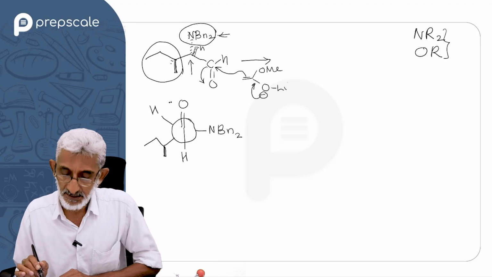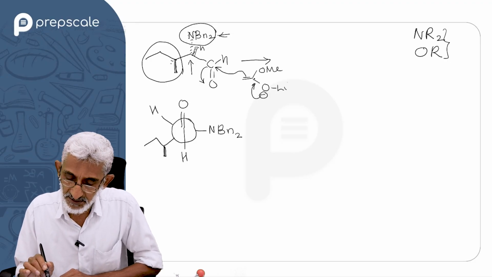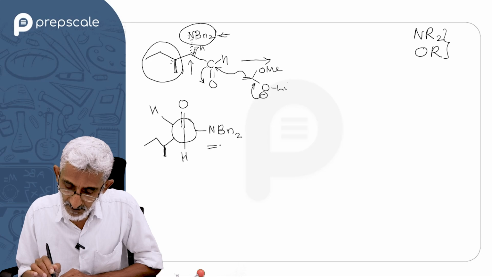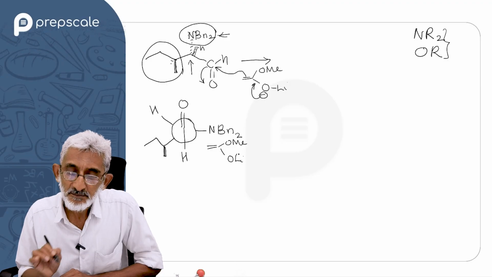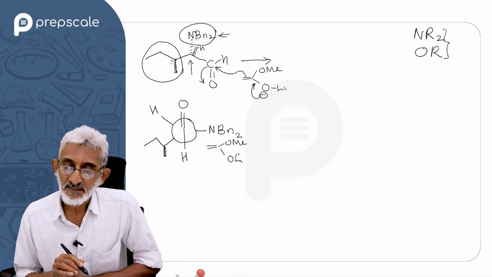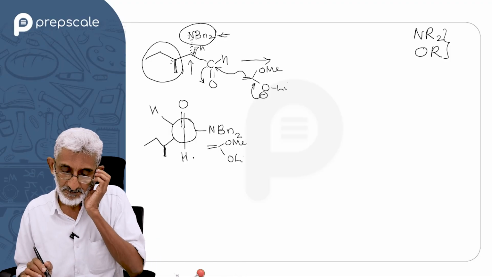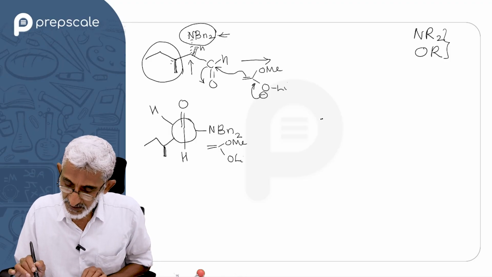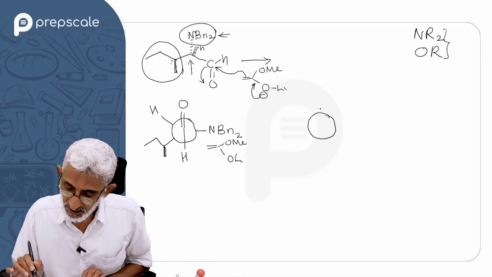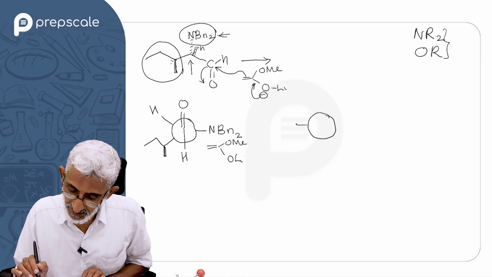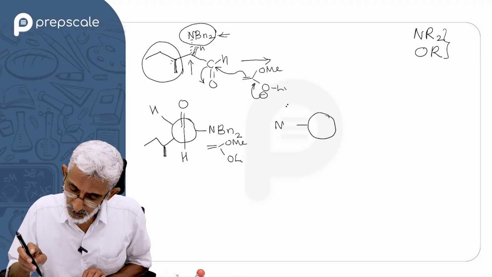Now, let's do the reaction with this OMe, OLi. How does it react? So this is one conformation. The second conformation is this one, with the NBN2 on the other side.